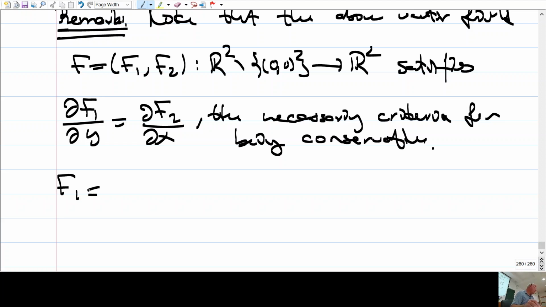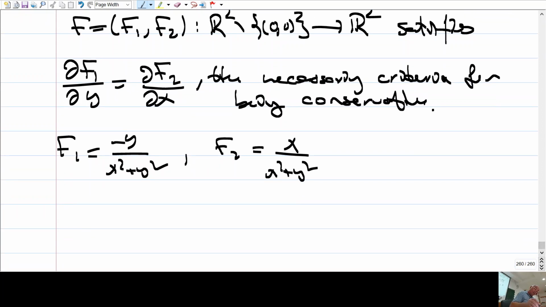F1 was minus y over x squared plus y squared. F2 is x over x squared plus y squared. And if you take the derivative of f1 with respect to y, you really get what? Let's see what we get. I am taking the derivative with respect to y.